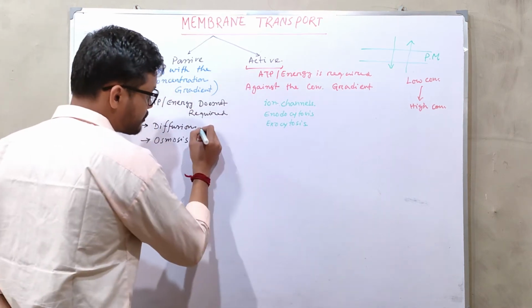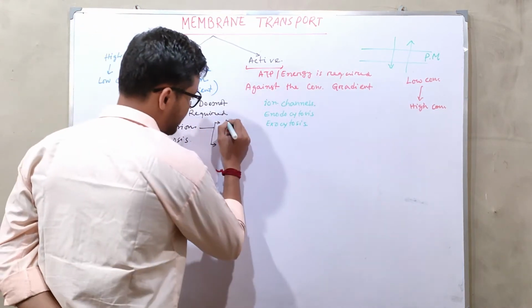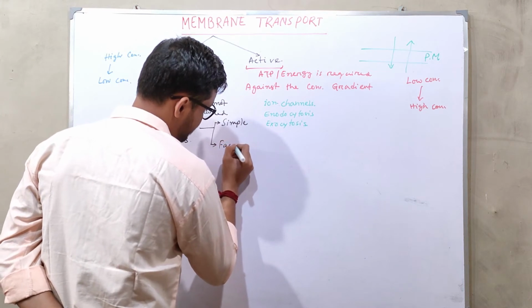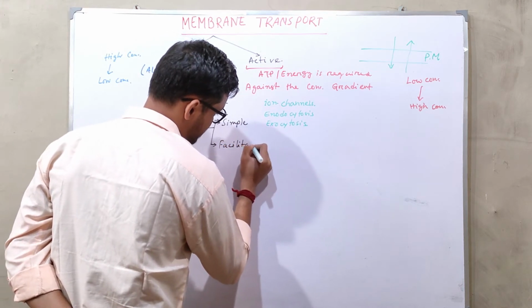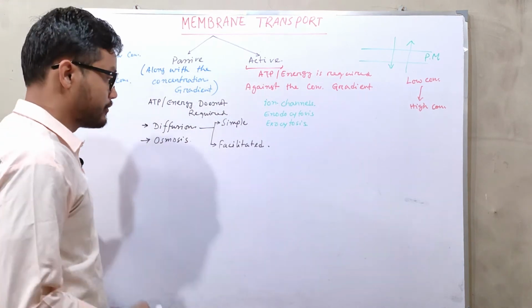Diffusion is further classified into two broad categories: simple diffusion and facilitated diffusion.